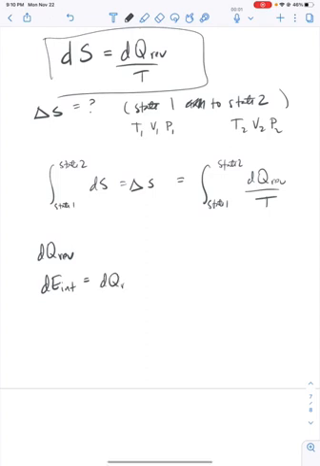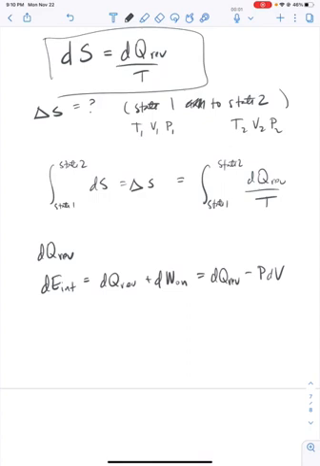So that tells us that the change in heat plus the work done on the gas from a reversible process is equal to dE internal. So then we've got dq reversible minus P dV. So no matter what reversible process we choose, this will be true.